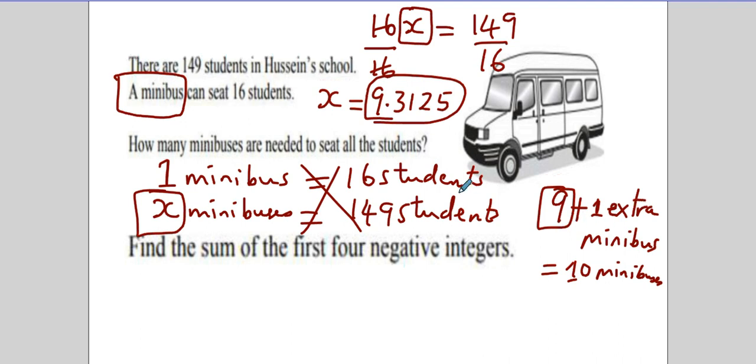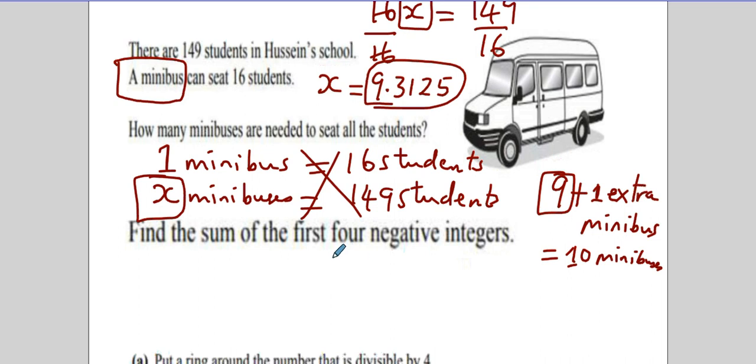So total number of minibuses, we need 10 minibuses to carry all those 149 students. See that? So 10 will be the answer, not 9. 9 will not be enough to carry all 149 students.